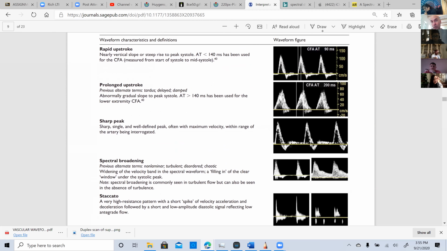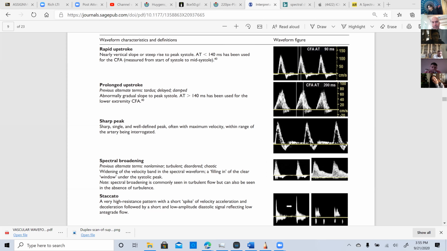Rapid upstroke is usually a good thing. This is usually a pretty good thing to see, rapid upstroke. This one's a little delayed. All right, prolonged upstroke. Sharp peak, spectral broadening, so oftentimes a bad sign that you're post-stenotic. And here's a staccato.